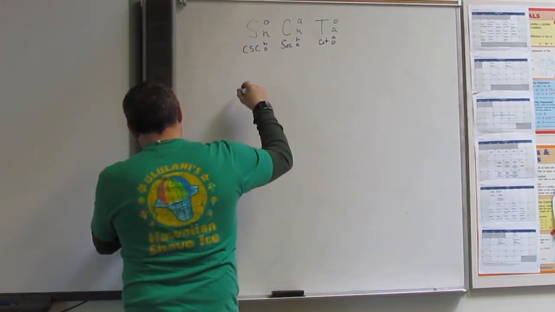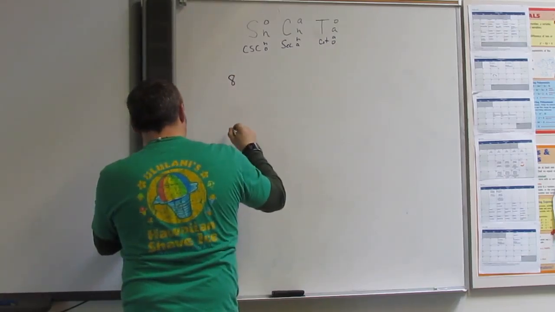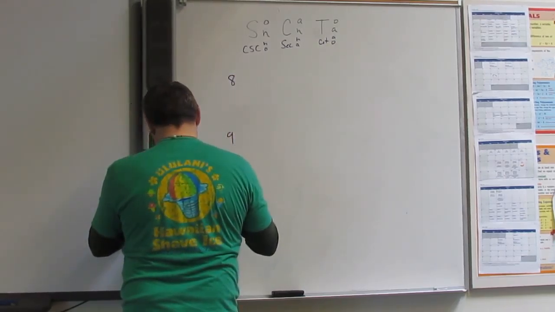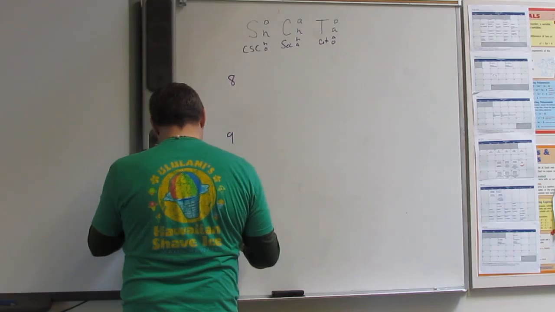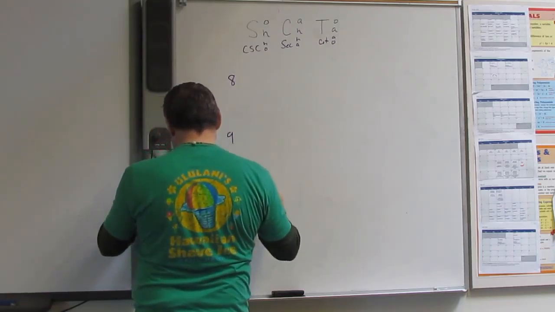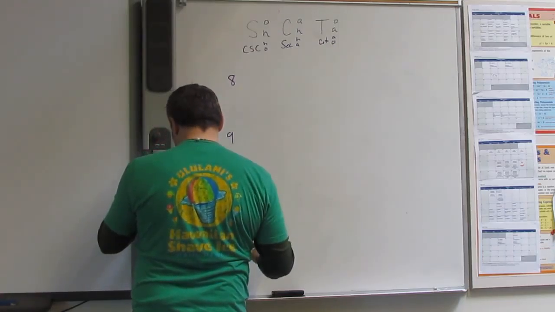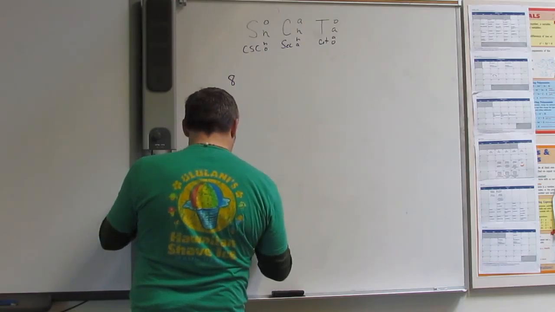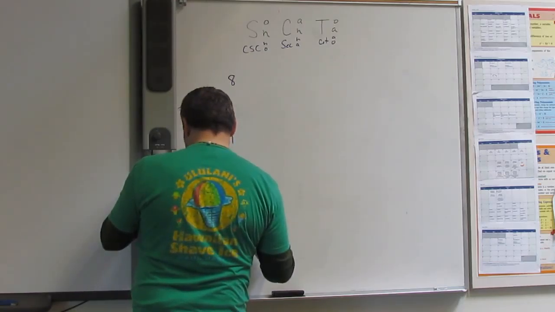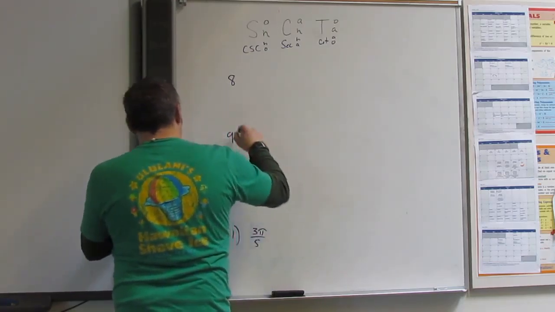All right, so 8. Isn't this where it adds or subtracts to be 180 or 360? 11. This is 30 degrees. Oh, this is just like what we did in the other class. 3 pi over 5.